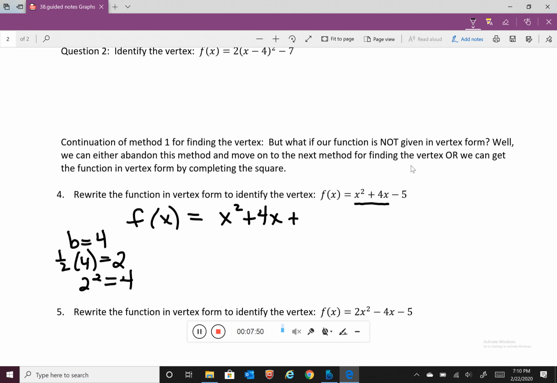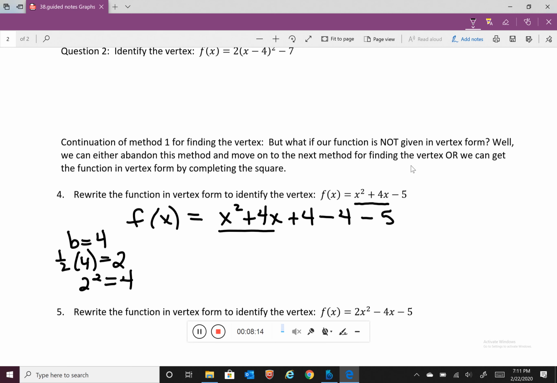So notice I'm adding 4, but I'm not allowed to do that. I have now unbalanced this equation. So instead of adding 4 to the left side, which would be awkward because this is a function, I'm going to balance this by subtracting 4. And then notice we had a -5.